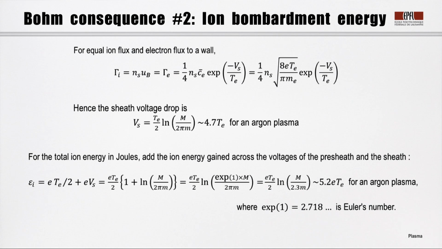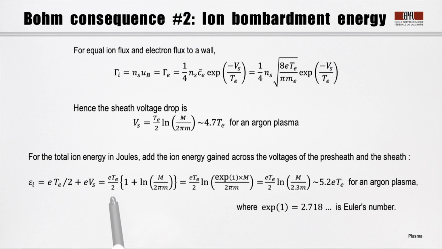For positive ions with a single charge, we can find the total ion energy which arrives at the wall in joules by adding the ion energy gained across the voltages of the pre-sheath and the sheath. So the total ion energy at the wall is the electric charge times the voltage of the pre-sheath, Te/2, plus the electric charge times the voltage across the sheath.